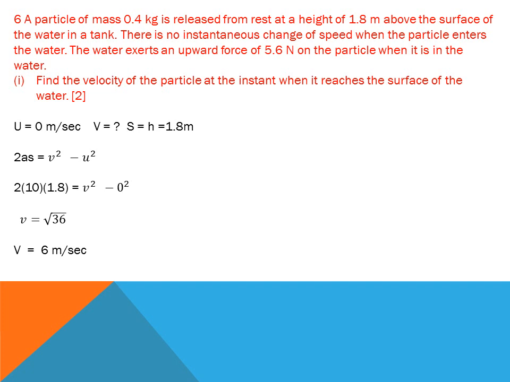So u is equal to 0 meter per second, s is equal to the height, 1.8 meter. s means the distance covered by the object. Here I applied the equation of motion 2as is equal to v square minus u square. Applying the values of a, s and u, we find v is equal to 6 meter per second.